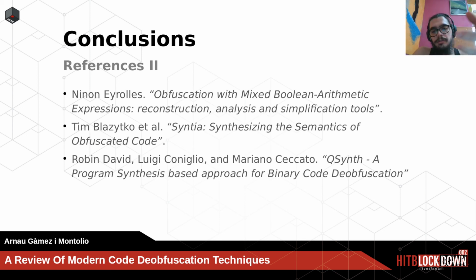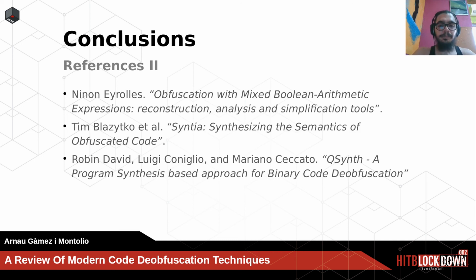Then also, if you're interested in the program synthesis approaches I described, you certainly need to take a look at the paper on Syntia, synthesizing the semantics of obfuscated code by Tim Blazytko and others. And you also have a couple talks on CCC and Black Hat from 2017 and 2018, where they present their research and gave some examples.